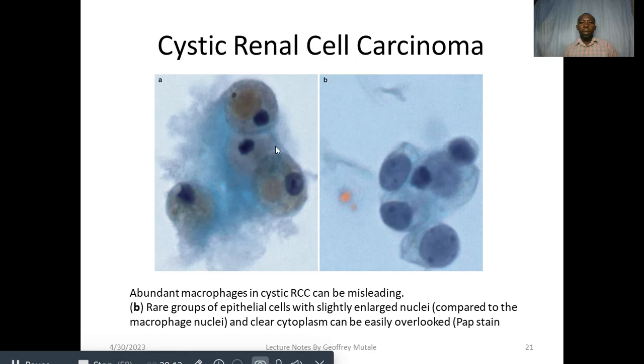This is the cystic renal cell carcinoma, which can be misleading. And then in B, we have a rare group of epithelial cells with slightly enlarged nuclei compared to the macrophage nuclei, and the clear cytoplasm can easily be overlooked, and this is in a Pap stain. So when we look at this one, we can easily see the cytoplasm appearing.